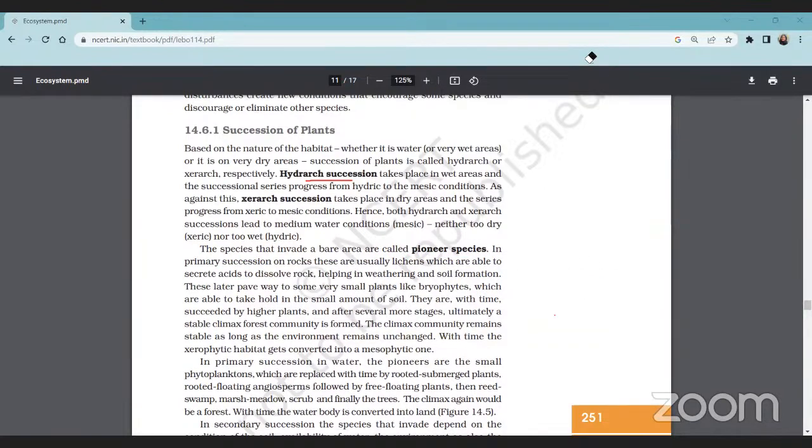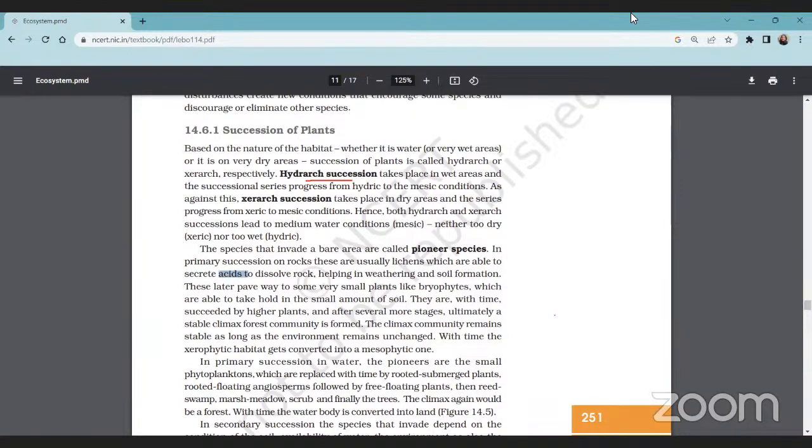In primary succession on rocks, these are usually lichens, which are able to secrete acids to dissolve rock. They release acids that dissolve the rock, helping weathering and soil formation, so indirectly they are breaking down big rocks.